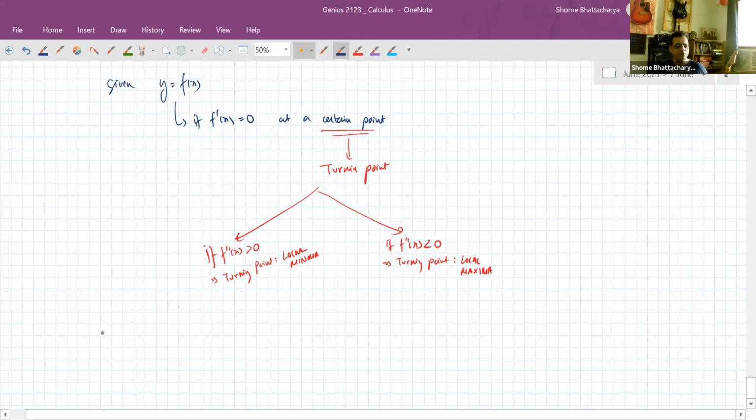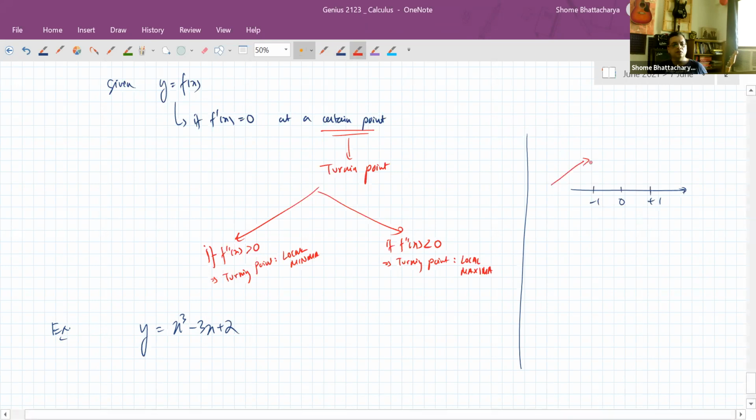So let's take the example we had earlier today: x cube minus 3x plus 2. From the behavior of the function, we had analyzed that the function was increasing in this part, decreasing in this part, and then again increasing in this part.